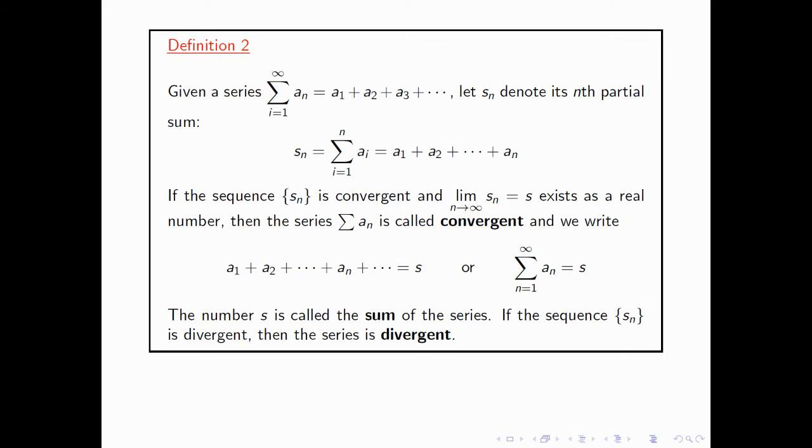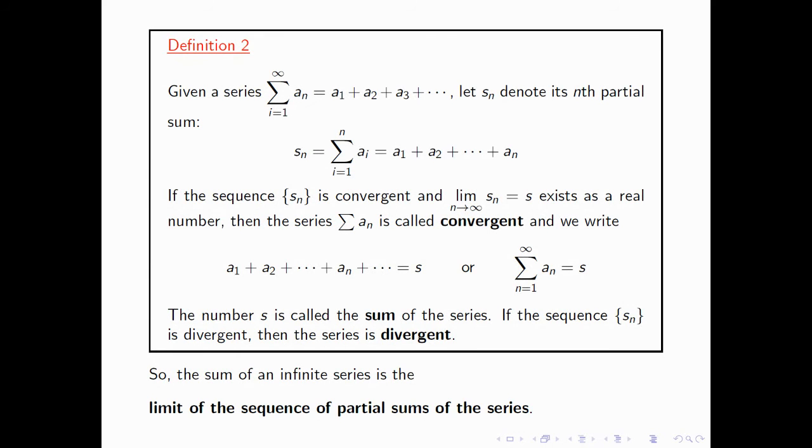If the sequence Sn is divergent, then the series is divergent. So the sum of an infinite series is the limit of the sequence of partial sums of the original series.